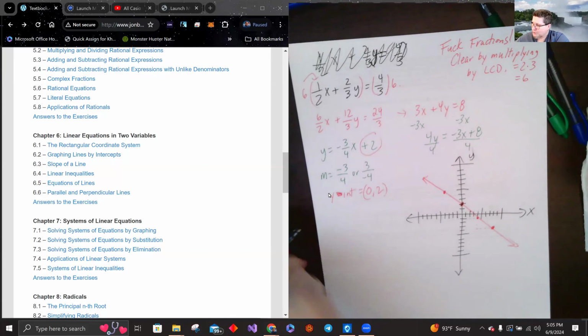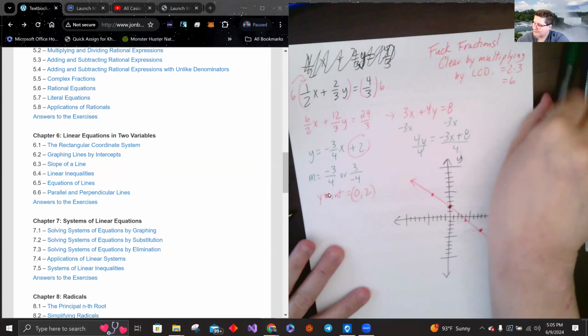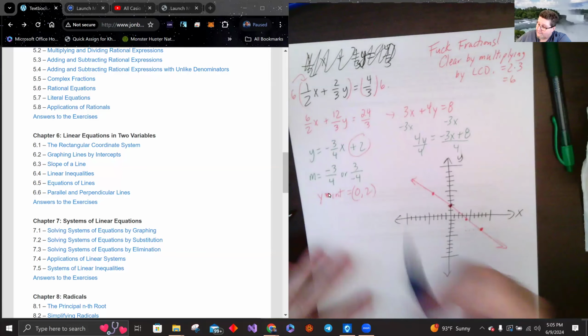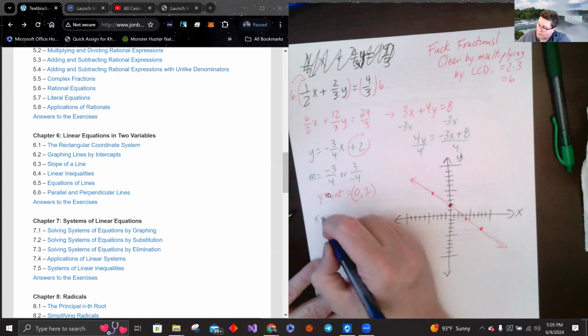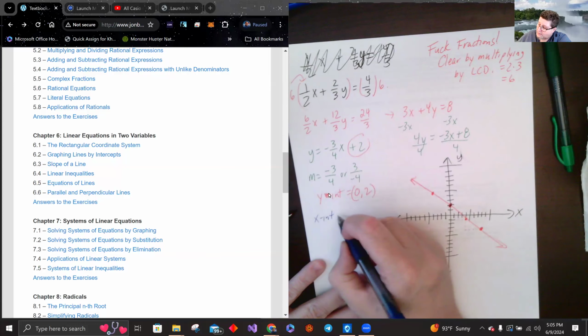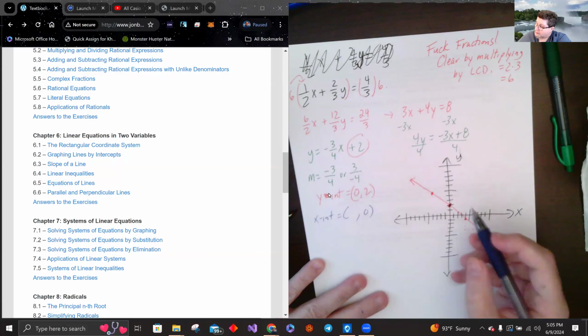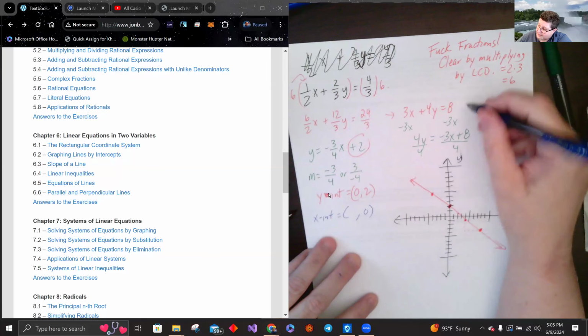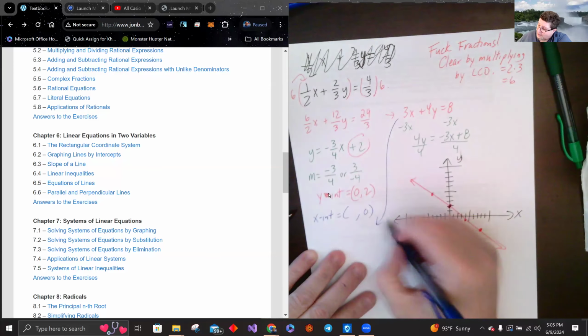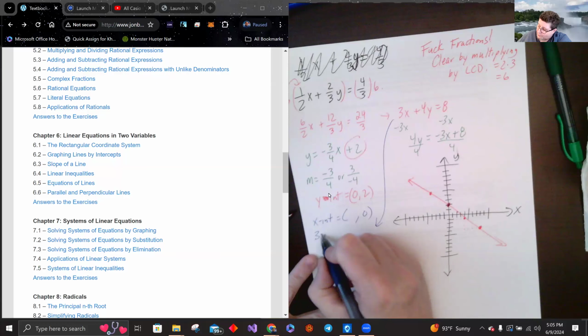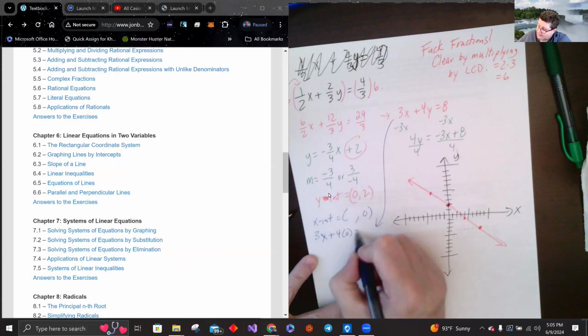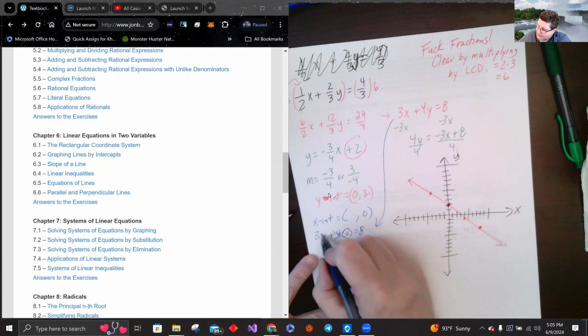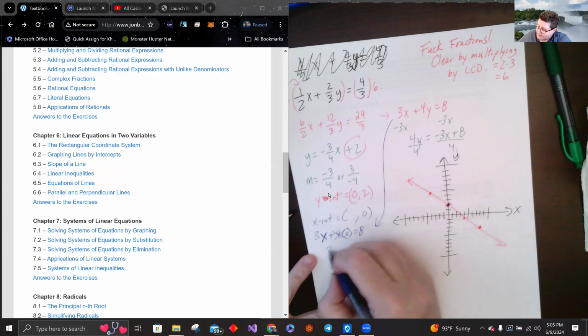All right, now we'll do the intercept for the x-intercept. For the x-intercept, y equals 0. I'll do this in this equation. 3x plus 4 times 0 equals 8. We don't need the 4 times 0. 3x equals 8. Divide by 3.